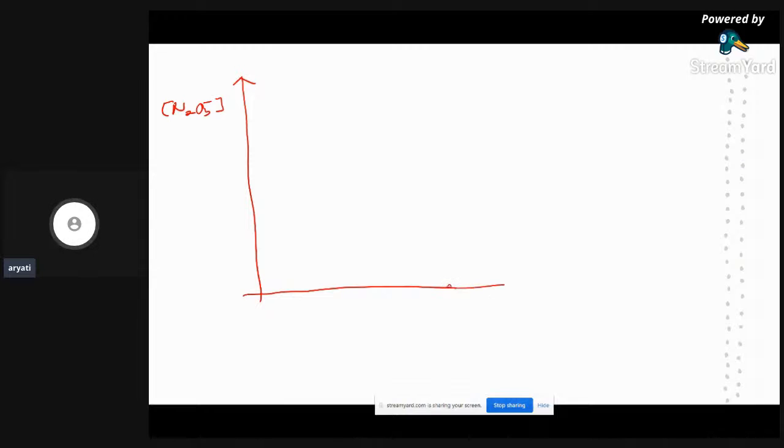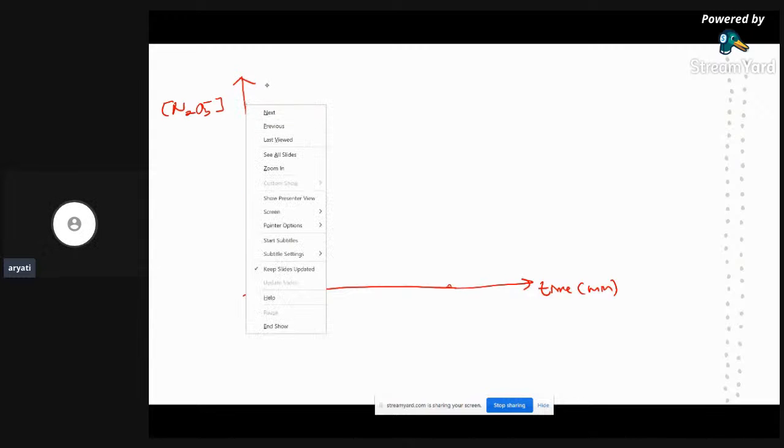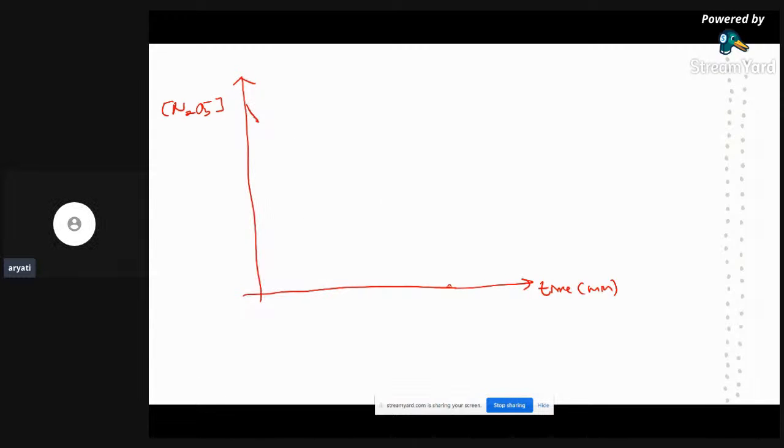Your x-axis is time in minutes. So if you get a graph that is not linear, let's say your graph is not a linear graph. So this is not a linear graph.